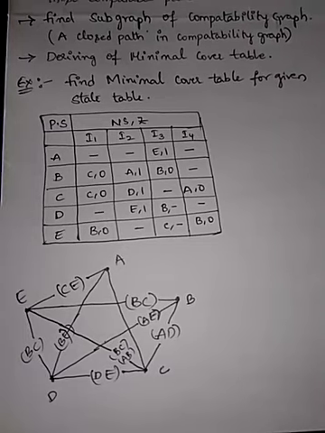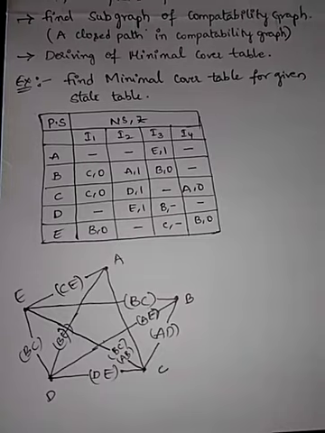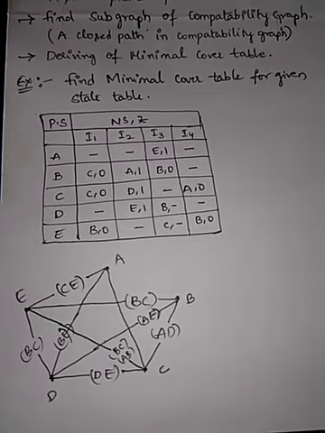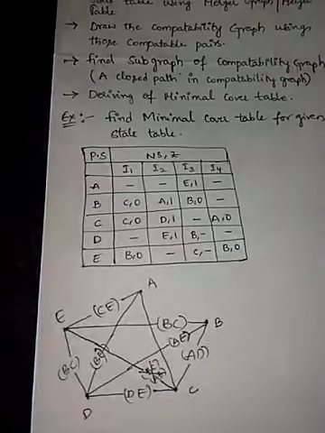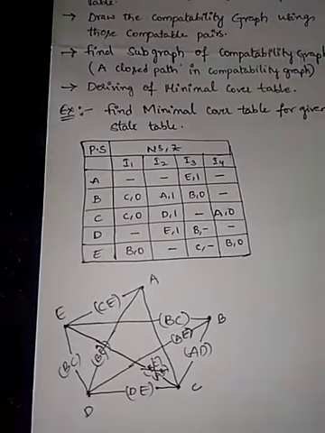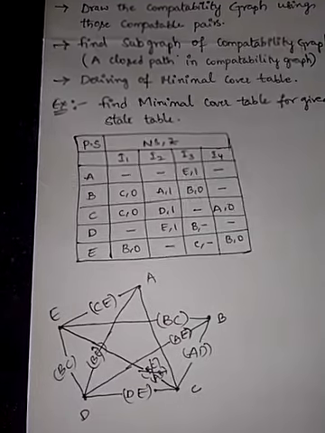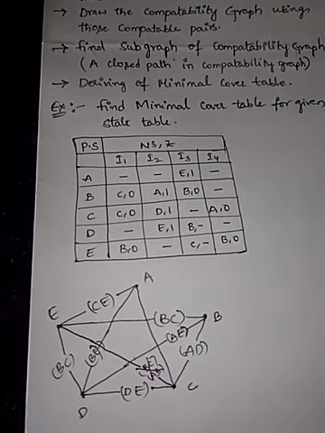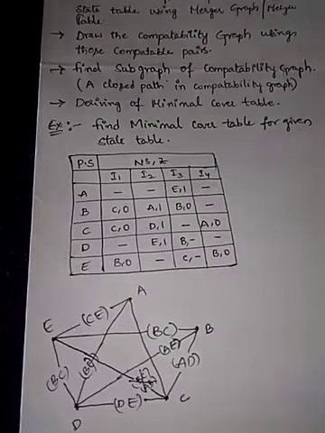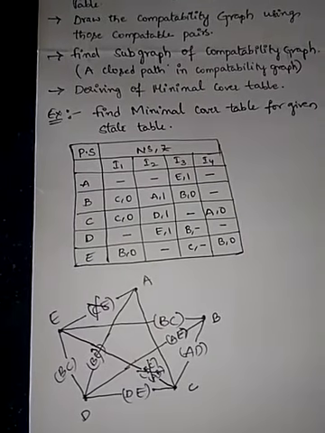Here A comma B is not satisfied, so you don't need to bother about B comma C. Simply you can strike off that particular term. So I have struck off that entire line. As E comma C is not compatible, obviously the line between A comma E is also not compatible, so I have struck off that A comma E line also.